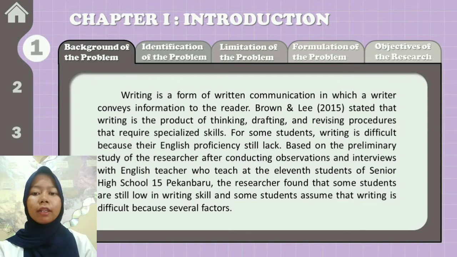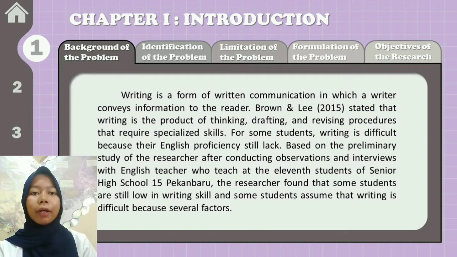In writing, students should understand several components in order to enhance writing skill, such as content, grammar, form, style, mechanics, and others. For some students, writing is difficult because their English proficiency is still lacking.